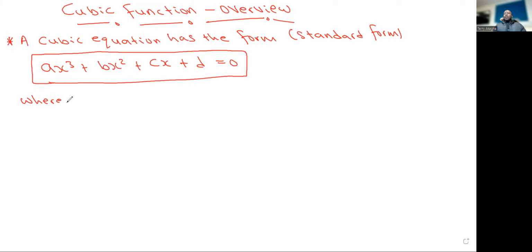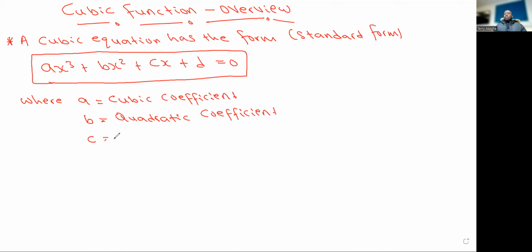Now, here, the a represents the cubic coefficient. The b represents the quadratic coefficient.